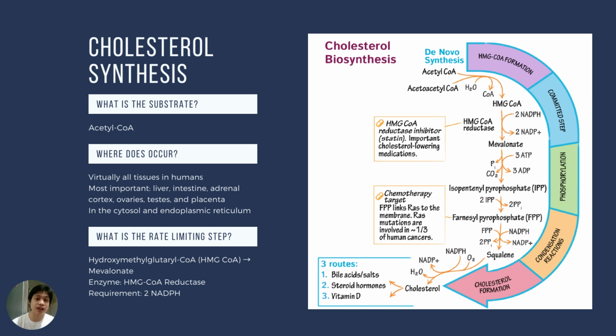Farnesyl pyrophosphate again combines with other molecules of farnesyl pyrophosphate to form squalene. So starting at isopentenyl pyrophosphate, we have 5 carbon units. These will combine with other 5 carbon units to elongate and create the ring. So 5 carbons, 10 carbons, 15 carbons, and so on. Squalene is then oxidized to form cholesterol.